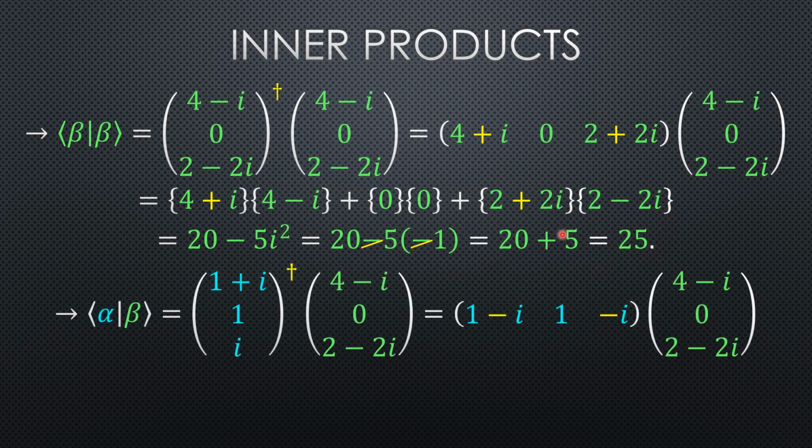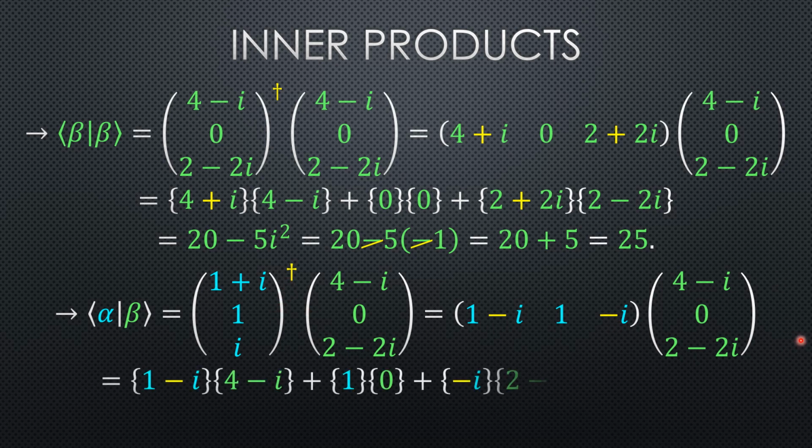Love it. Then from there, we see that we need the inner product of alpha with beta. So transpose conjugate on the alpha vector gives us this row vector, which we multiply in. As a result, we see a similar calculation. Zeros, we love them for this reason. And then we get 1 minus 7i.